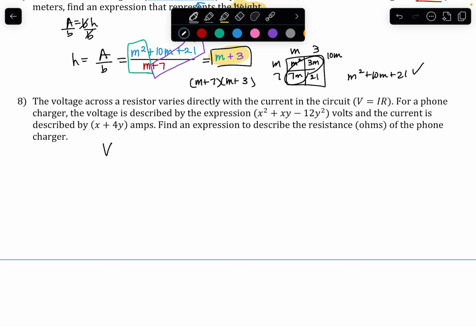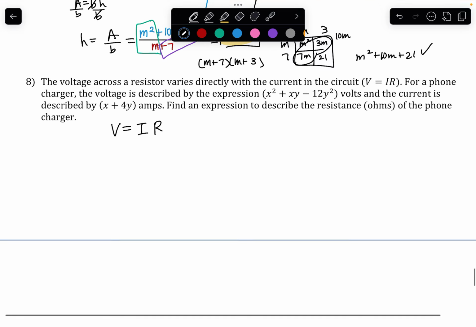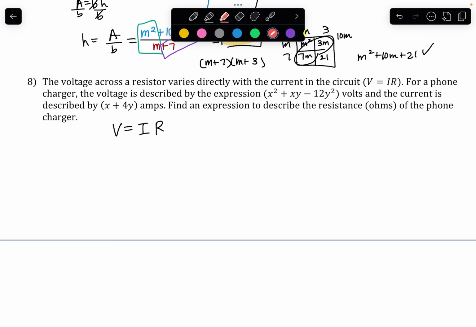Okay, and so we know that V equals IR, and we know that the voltage is this trinomial. And we know that the current, which is I, is this expression.